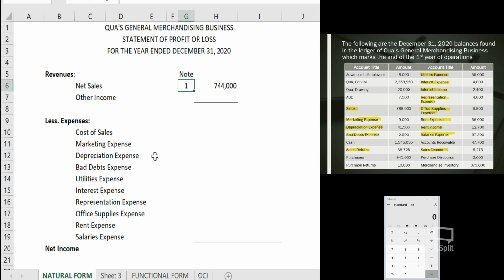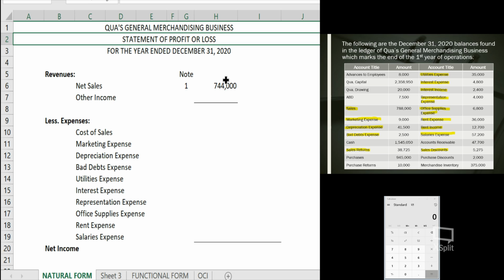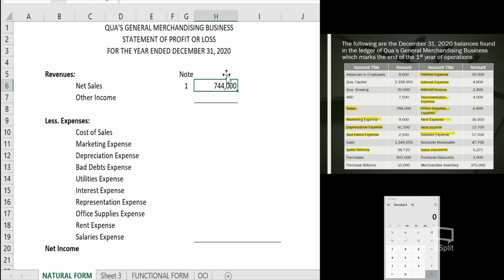So, kung makikita nyo dito guys, okay? Ang ginagawa natin dito is the income statement. Okay? Ngayon, sinolve natin yung 744,000. Now, say for example, merong nagbabasa nitong income statement na prepare natin. Okay? Potential investor siya, binabasa niya to. Now, it's possible na itanong niya, paano nyo nakuha tong amount na 744,000?